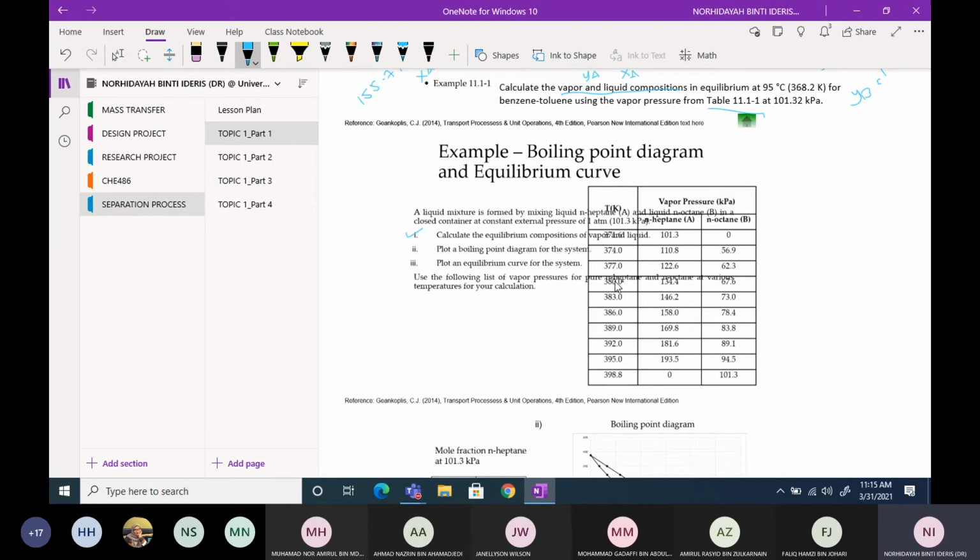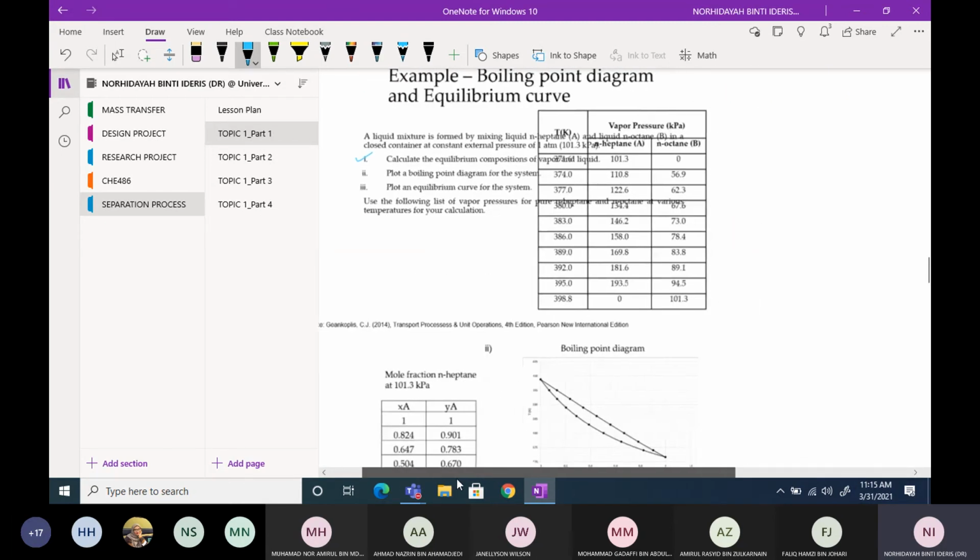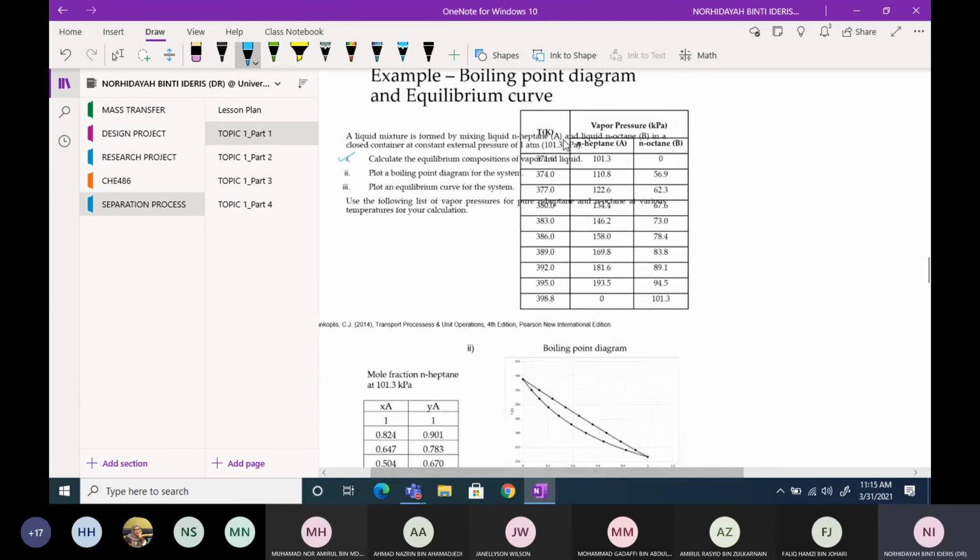Okay. By using this vapor pressure data, you use equation number 2: 101.3 XA plus 0, 1 minus XA is equal to 101.3.